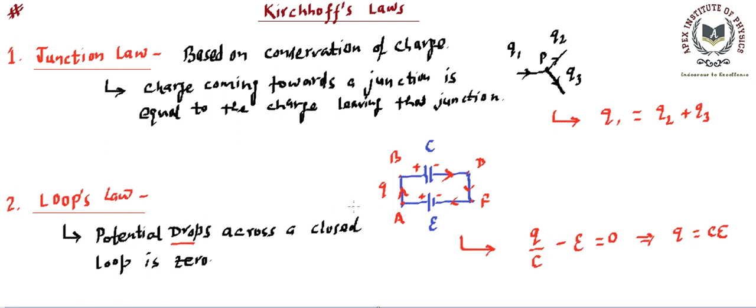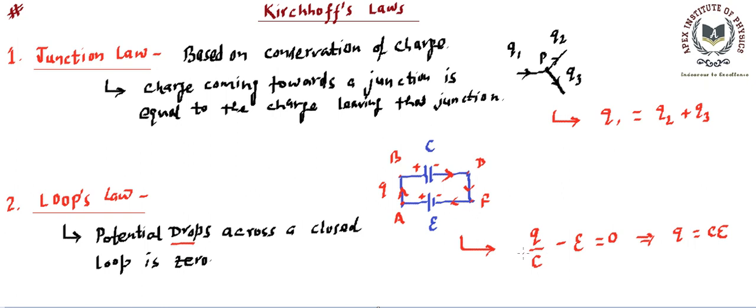Now there are several methods to deal with the same thing. Some textbooks also write it otherwise, and that's equally valid. Instead of writing the potential drops, you can also write the potential gains, and across the loop you will find again the answer is going to be 0. The reason being, the right hand side is 0, so if I multiply the left hand side with a minus sign, it hardly matters, right?